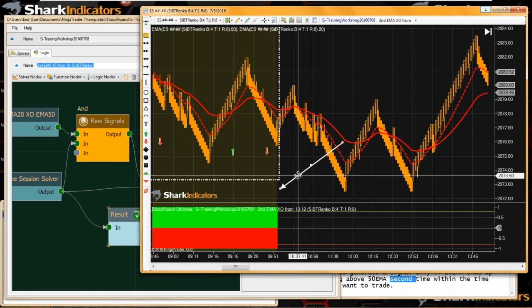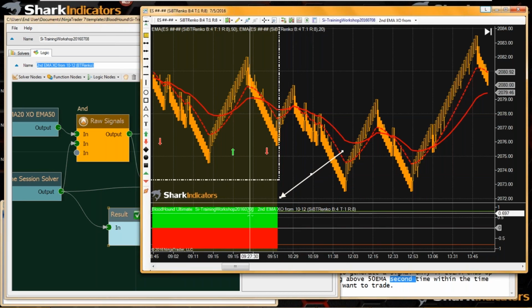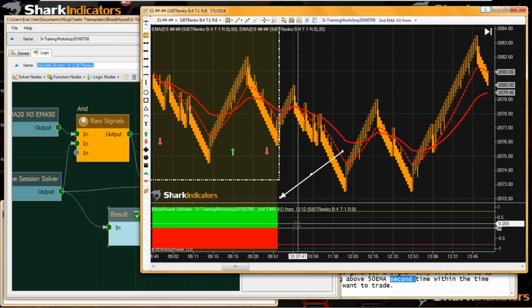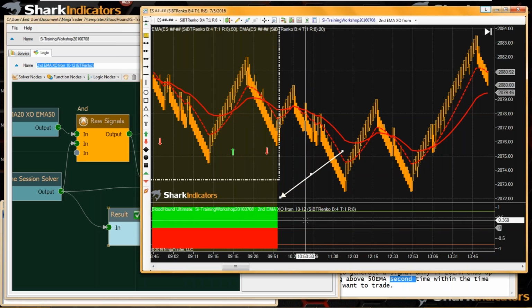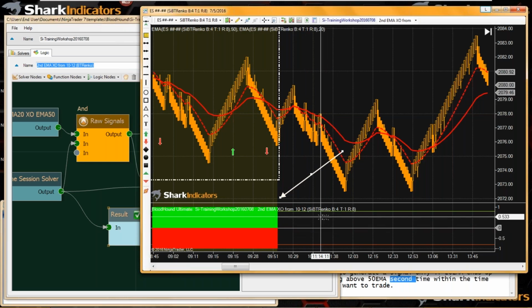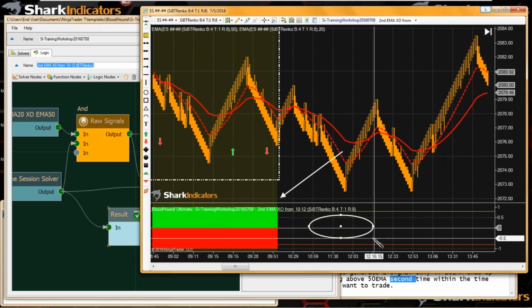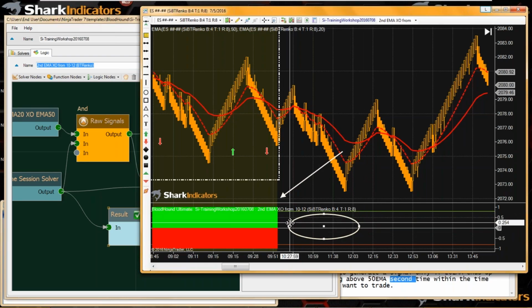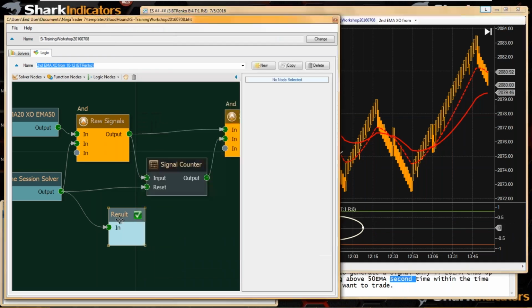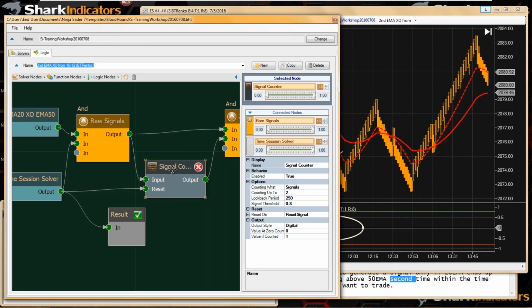So what we want is, when the time solver's output turns off, there's no output here, so we can use this no signal area. There's no signal here when our time block ends, so we can use this no signal to reset our signal counter.